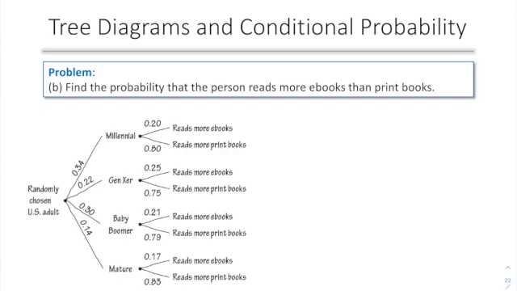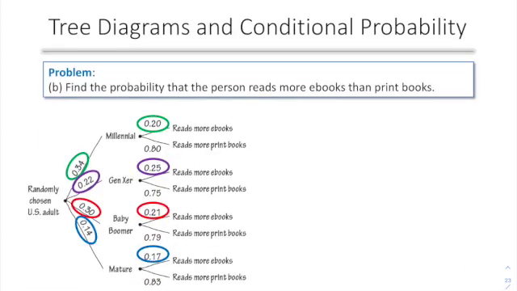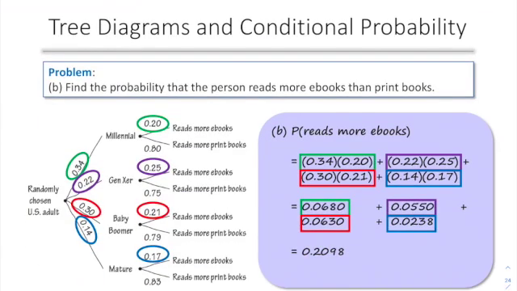So now we want to find the probability that a person reads more ebooks than print books. Since we're worried about reading more ebooks, we're only worried about the branches that end with reading more ebooks. So we have 34% that are millennial reading ebooks, 20%. Here we have it matched up from the branch. 34% of 20%, 22% of 25%, 30% of 21%, 14% of 17%.